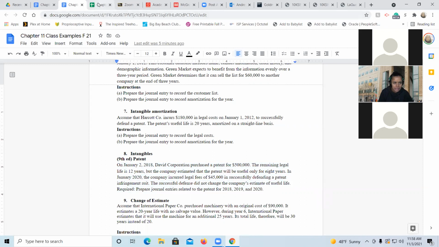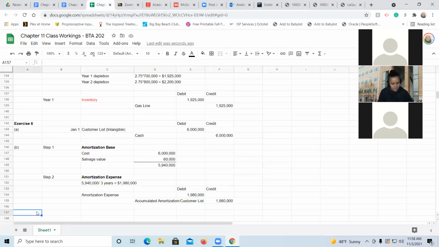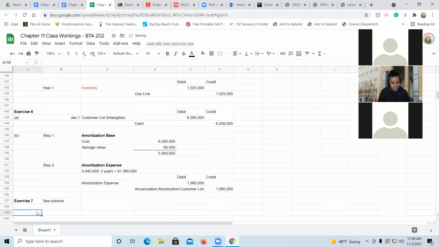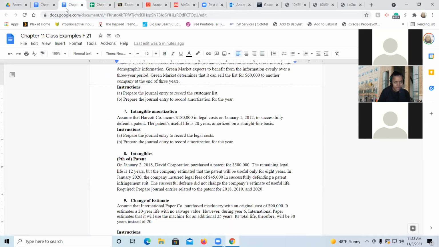For exercise 7, just see the solution, because you're just reporting a patent and then amortizing for the useful life. There's not even a salvage value, so it's very simple. This was from the 9th edition of the textbook. I'm not sure we need to even make that distinction right now.